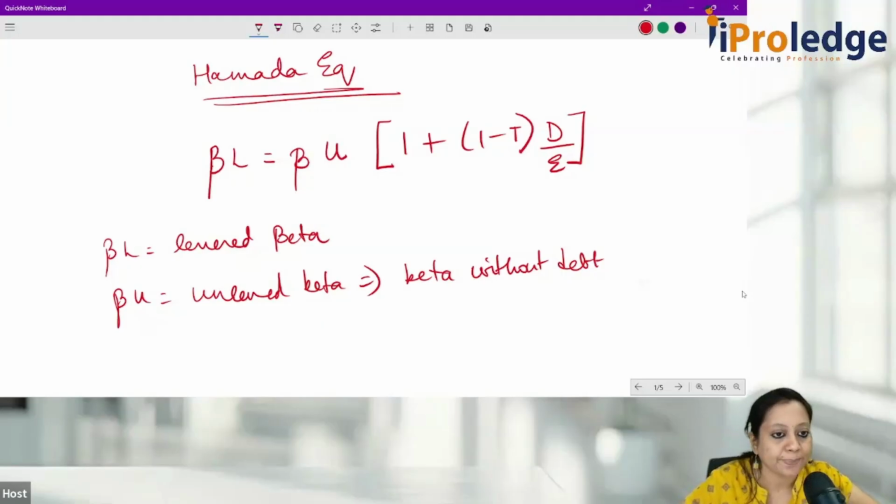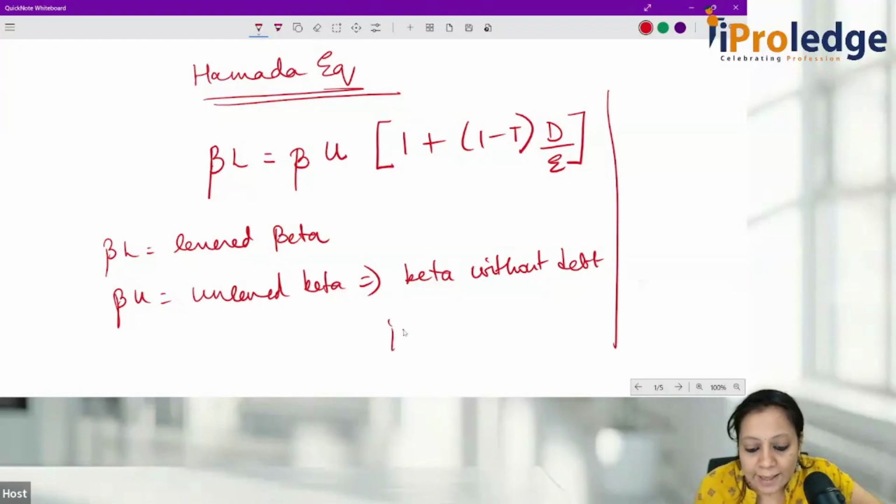Beta stands for risk. Now, I'm eliminating the risk in this equation, the risk without debt, and I am asking what the cost of capital is. If I eliminate the business risk, then what is the cost of capital?